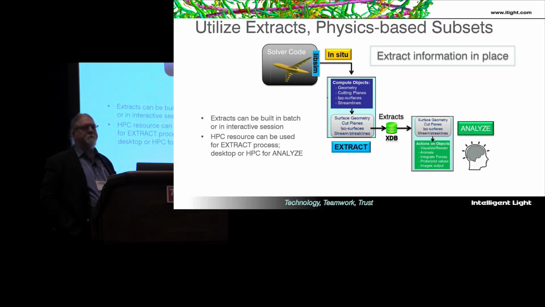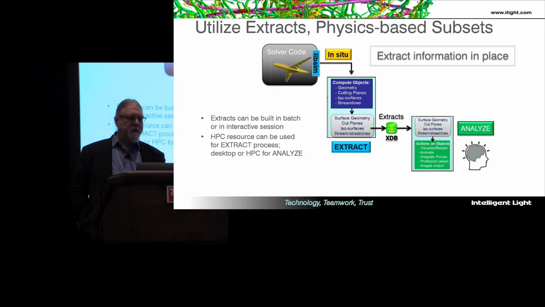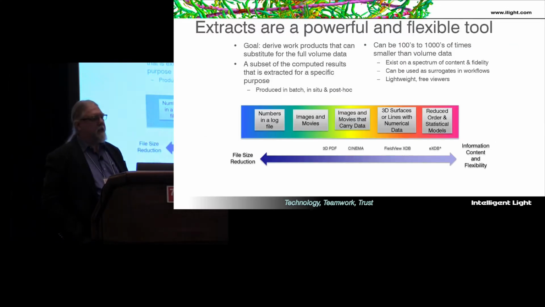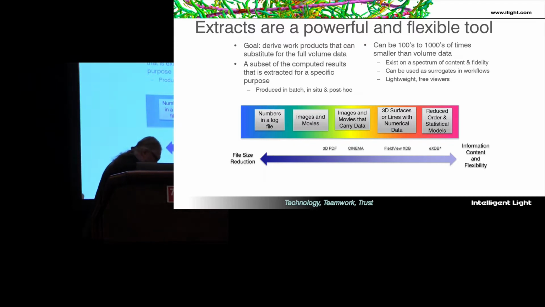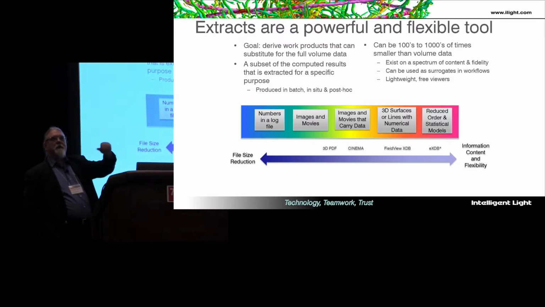So these subsets, these extracts, exist on a spectrum. For example, a number in a log file is a type of extract. If your solver writes out at the end that the top radiator temperature is 200 degrees, and that's all you want, then you have a data point.